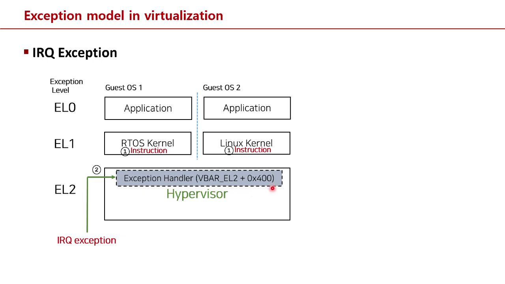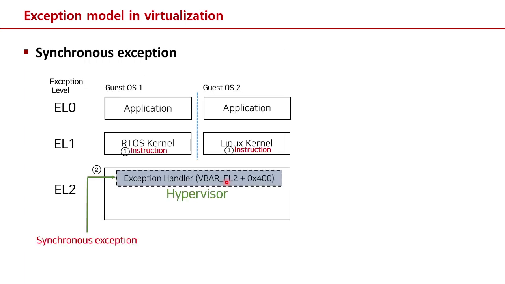This exception vector address can be calculated based on this rule by adding the offset 0x480 to the exception vector base address. Please remember this rule. How the program counter is branched into the exception vector address is specified in the exception vector table if you refer to the ARM reference manual.